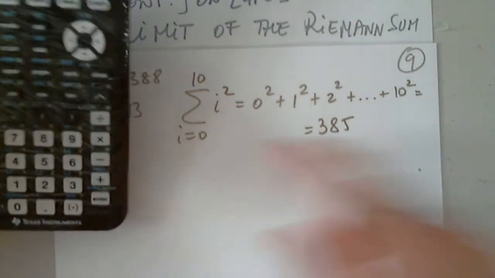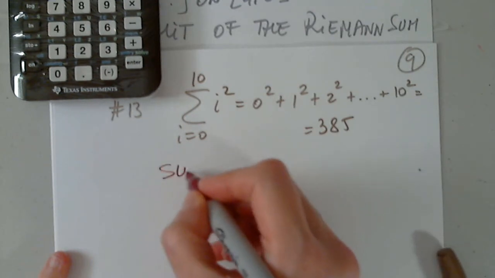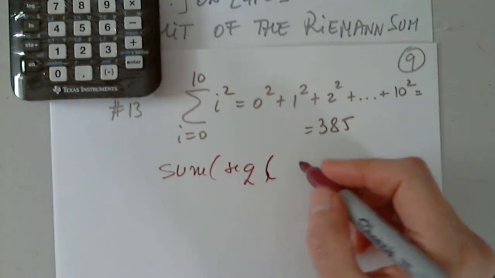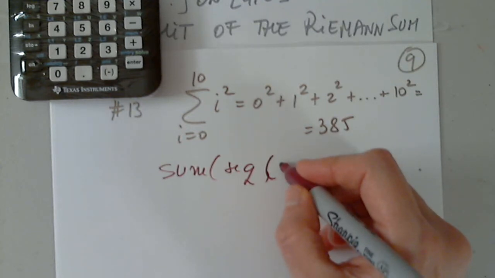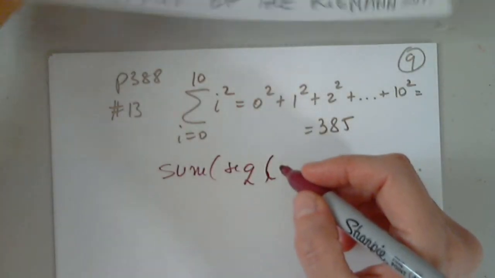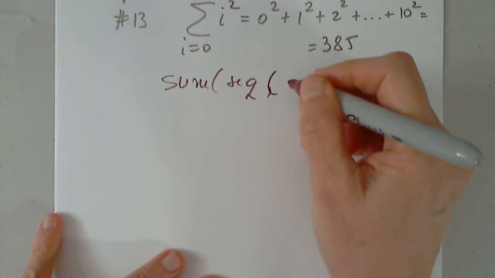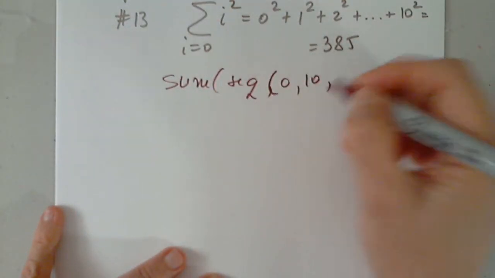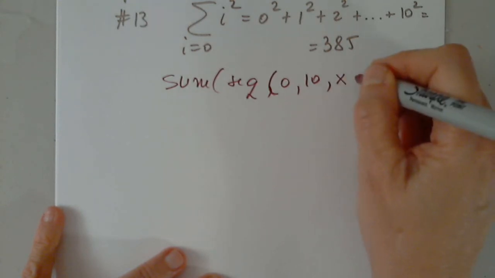This is a sequence, and I don't remember the exact syntax, but I think it's the sum of a sequence. You have to put the lower limit, which in this case is 0, the upper limit, which is 10, and I think you also have to write x.